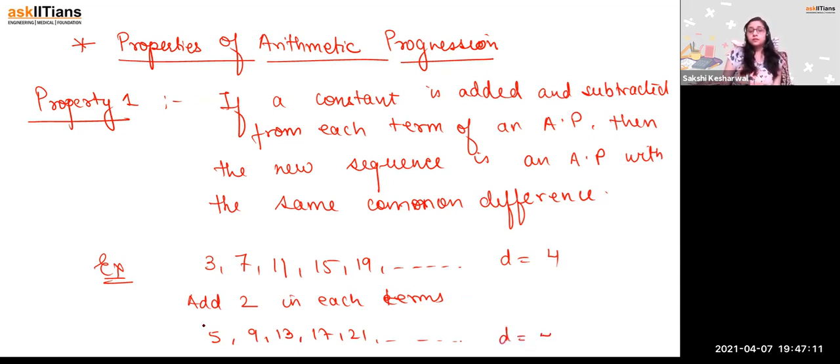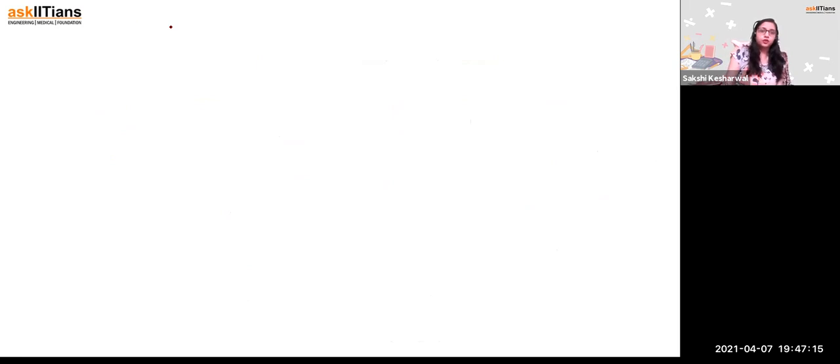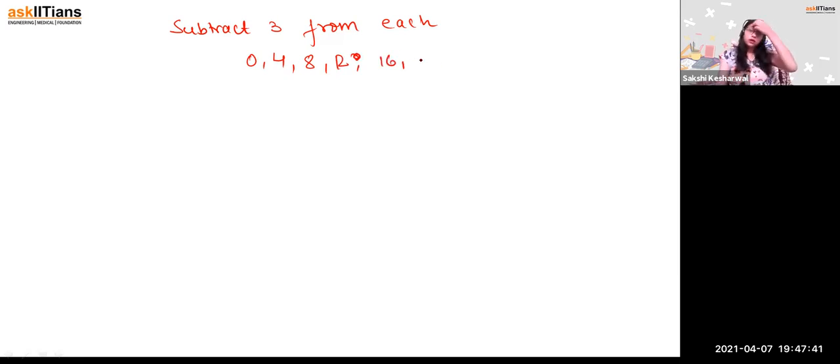Similarly, if you subtract 3 from each term, what will you get? The sequence was starting from 3, so you will get 0, 4, 8, 12, 16, and then 20.